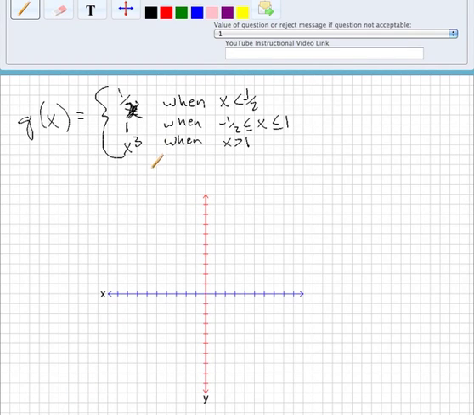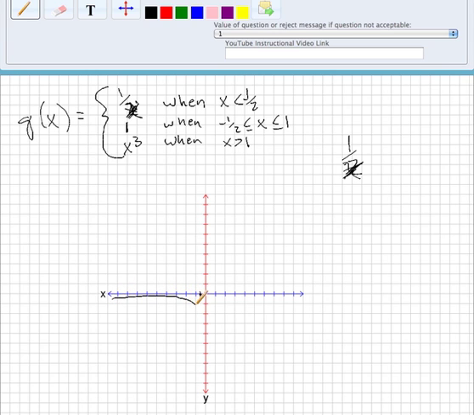So this is g, the 1 over x function that we were talking about. So 1 over x, and then it goes all the way to negative a half right here. What it looks like is something like this.